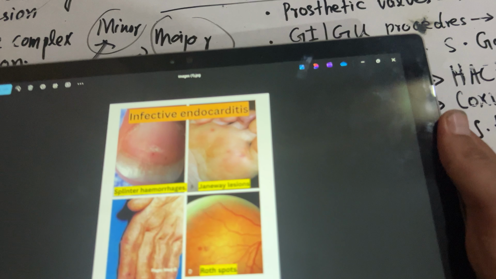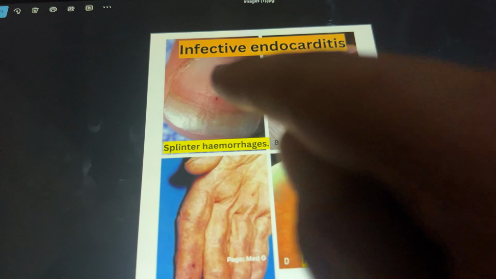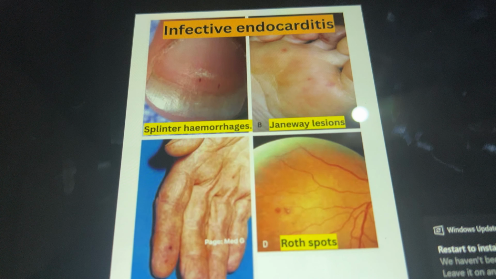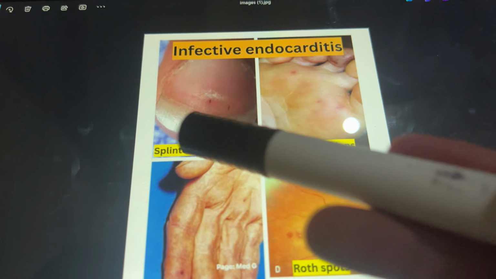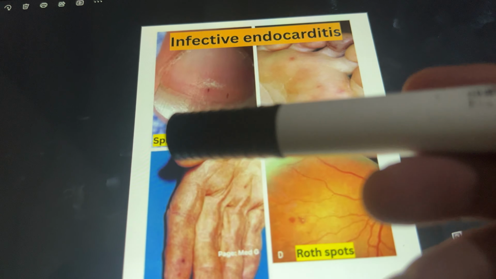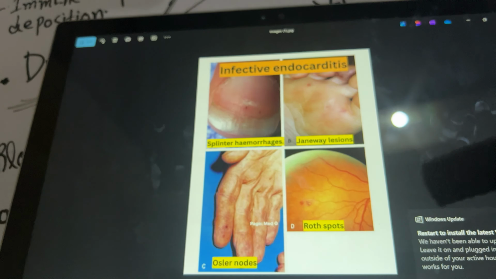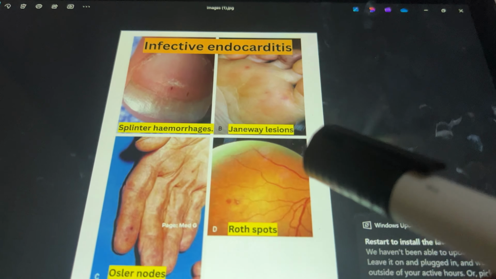So this is the splinter hemorrhage on the nail bed. It occurs on the nail bed, and it is basically a linear hemorrhagic lesion.